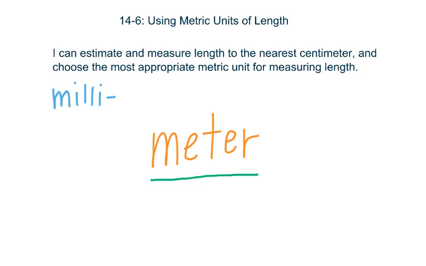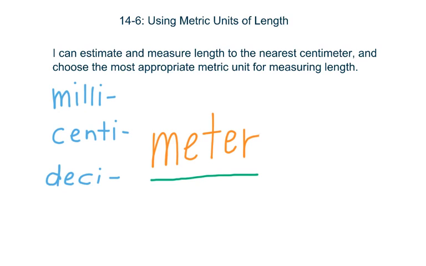Something slightly bigger, closer to an inch, would be the prefix centi, or centimeter. This is probably the distance you're most familiar with because you've used rulers before. Slightly bigger is what's considered a decimeter. It's not very common, but it is good to know.